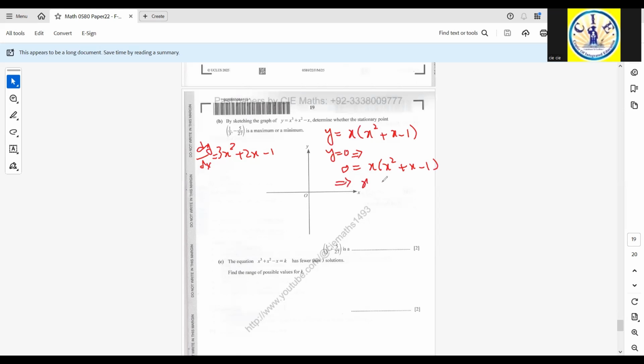That will give me x is equal to 0, or x squared plus x minus 1 is equal to 0. This is the real value of x. x is equal to 0, that is here, x 0, y 0. And one value of the x-intercept was 1 by 3, and the other one was -1. So -1, if it is here, then 1 by 3 would be here.